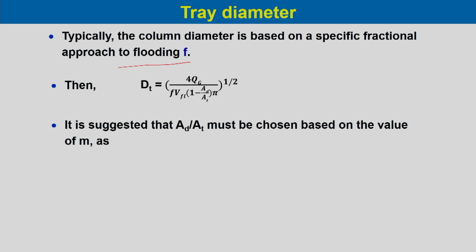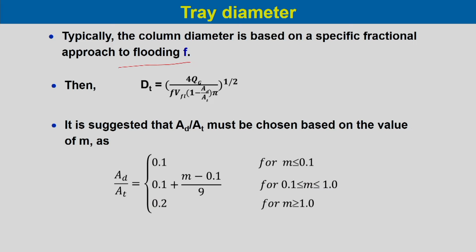It is suggested that A_D/A_T be chosen based on the values of m: A_D/A_T would be 0.1 when m is less than 0.1, it would be 0.1 plus (m minus 0.1)/9 when m is greater than or equal to 0.1 and less than or equal to 1, and it would be 0.2 for m greater than 1.0.